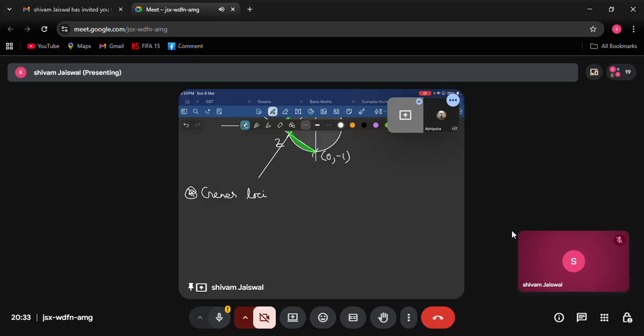Loci on the complex plane. We have already studied some of them. Part A, number 1.